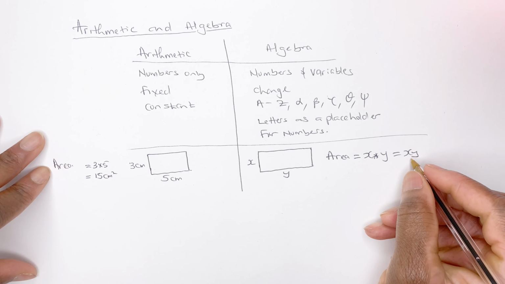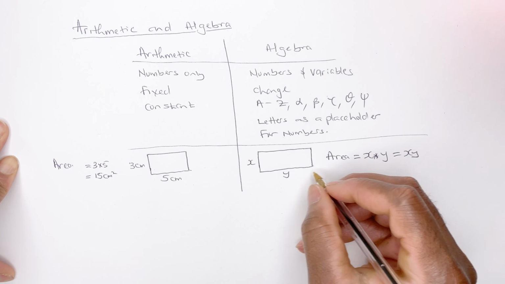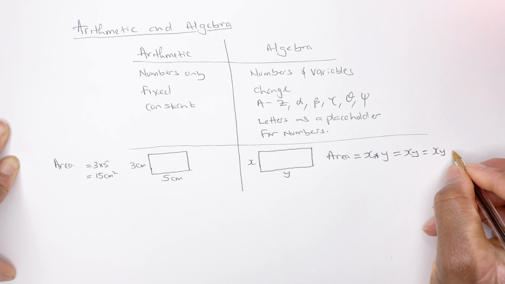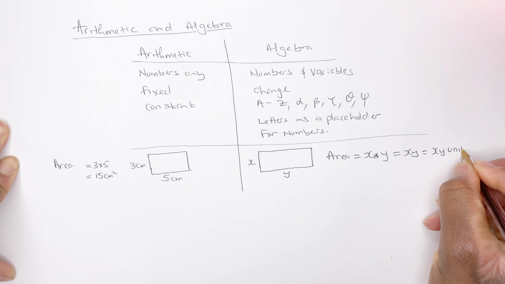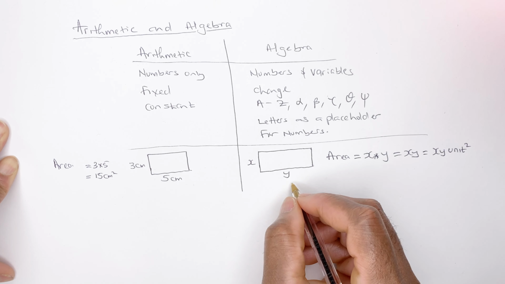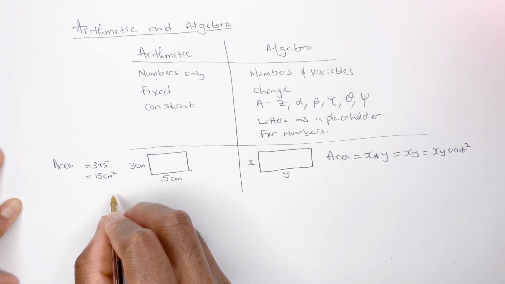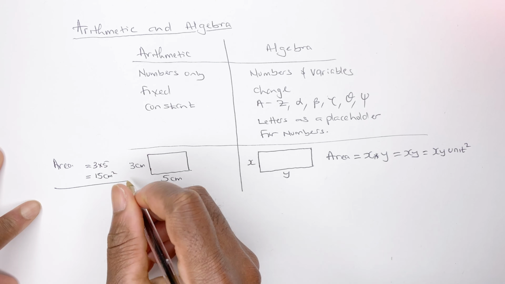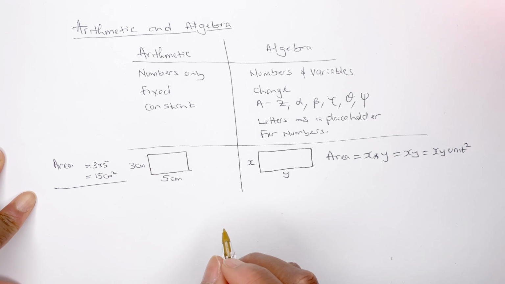Okay, so that's the area there, xy. Because we don't know what x and y are, the area will be xy unit squared. Unit squared because we don't know what units they are. So you can see in algebra, we can't get the value straight away, we just employ those in the calculations.